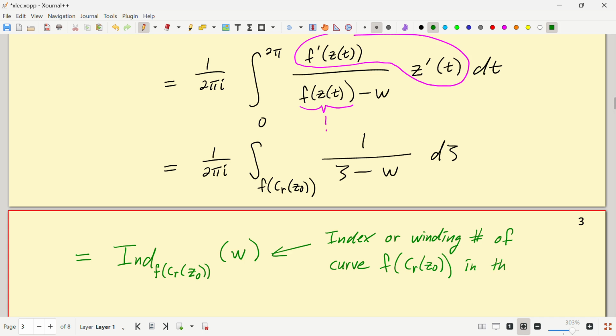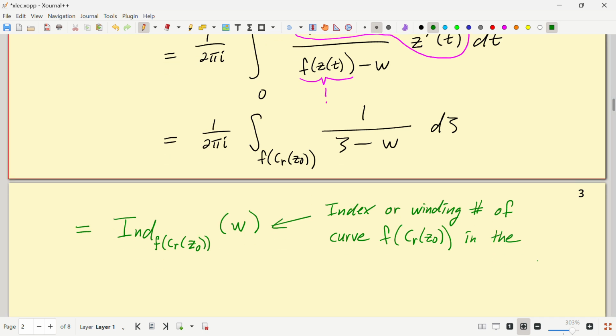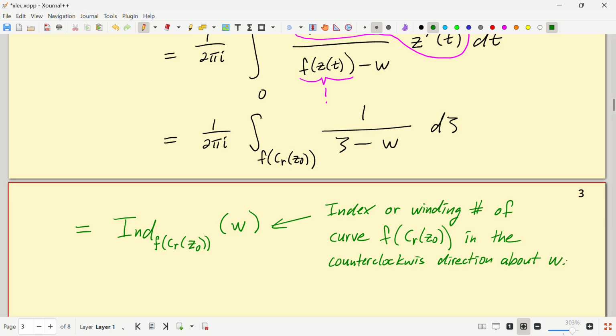In the counterclockwise direction, it's the winding number about W. Okay? That's the definition of that symbol.